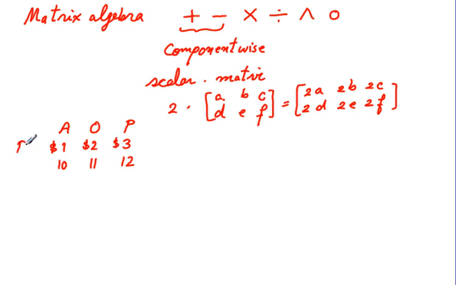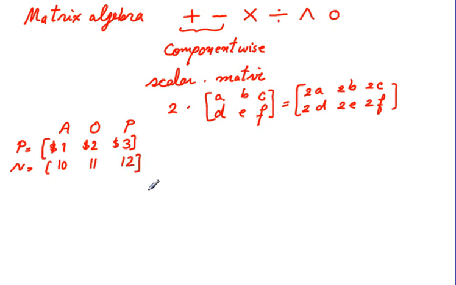So let's call this a vector of prices, and then I have an array of numbers of the items I am selling or buying.